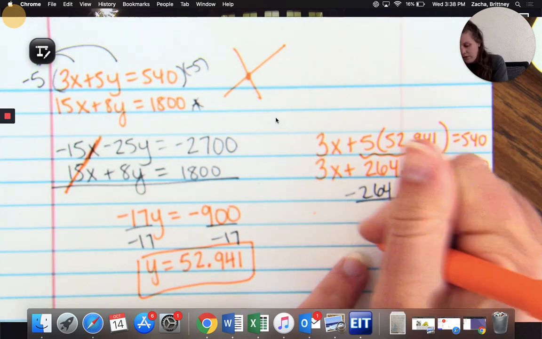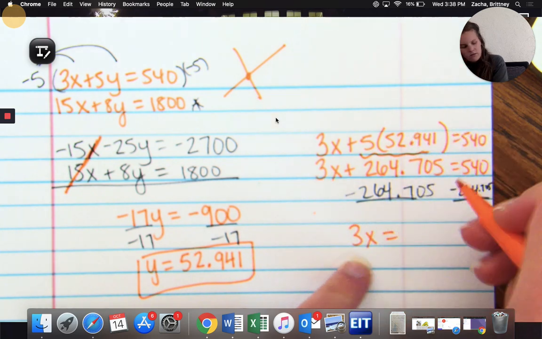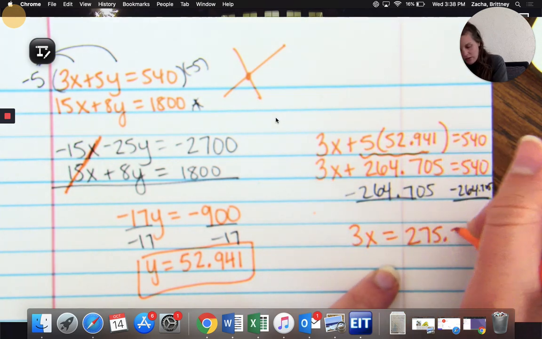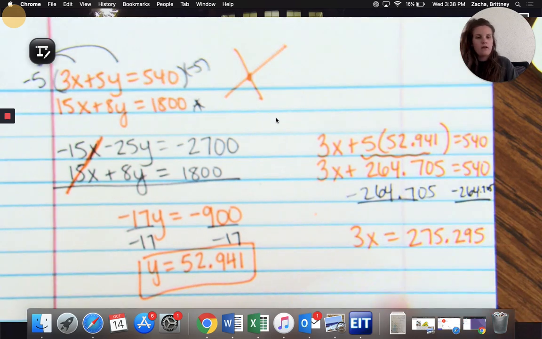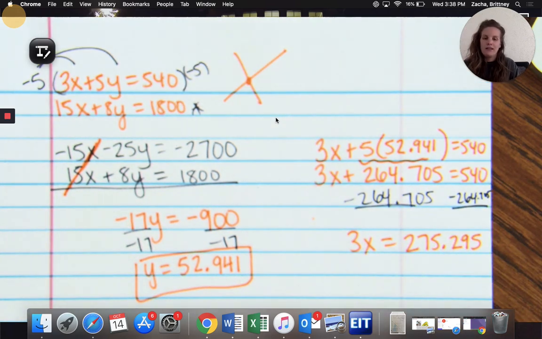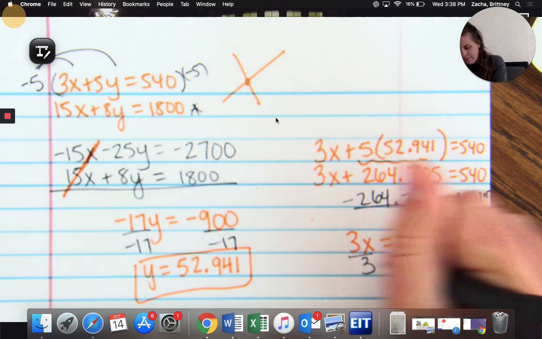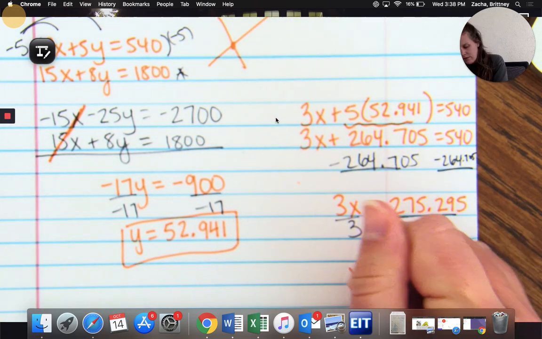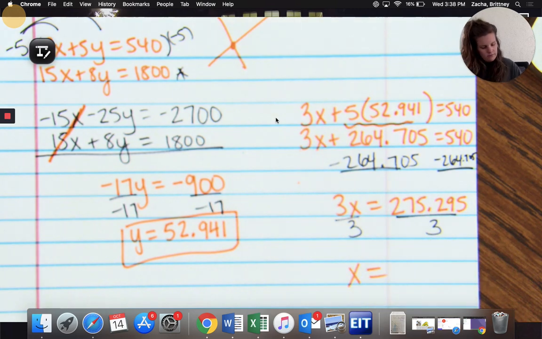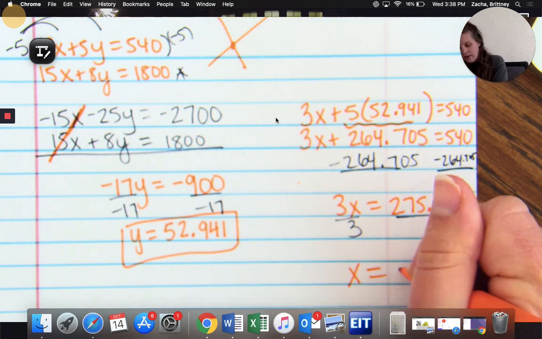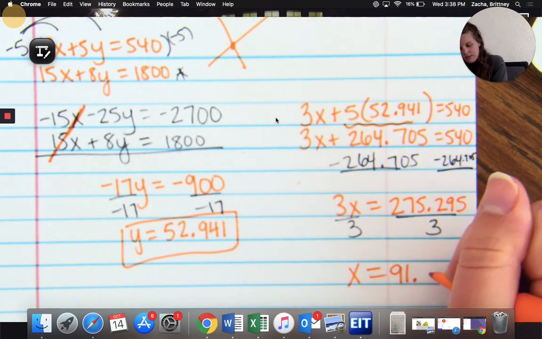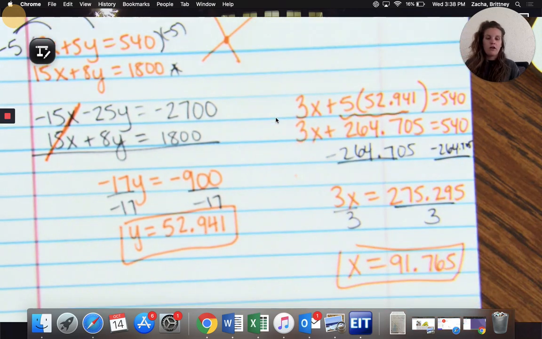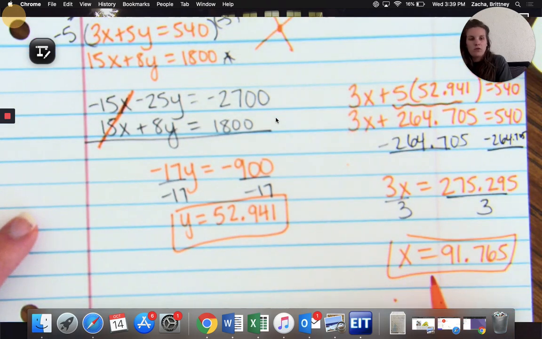Okay, so we'll get 3x equals 275.295. And then divide by 3. So x equals 91.765. Okay, but again, we solve for our intersection point, so we want to write this as a coordinate point.